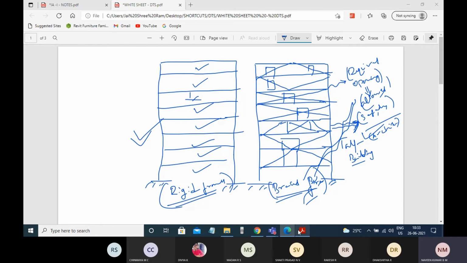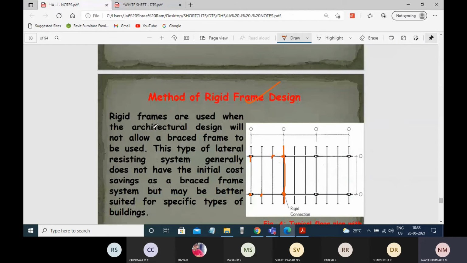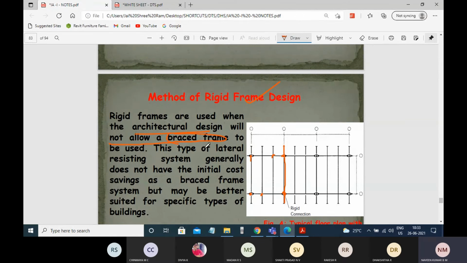Okay, so that is what is mentioned over here. So rigid frames are used when architectural designs will not allow the braced frames. As I mentioned previously, I have shown with the figure, where in case of braced structures, you cannot accomplish the architectural design.